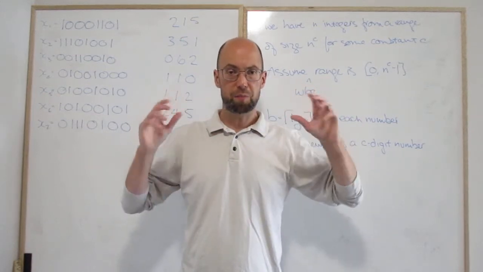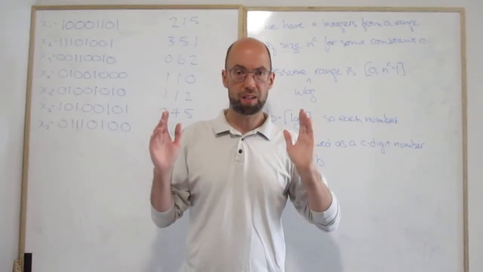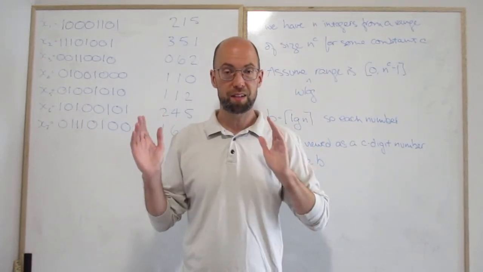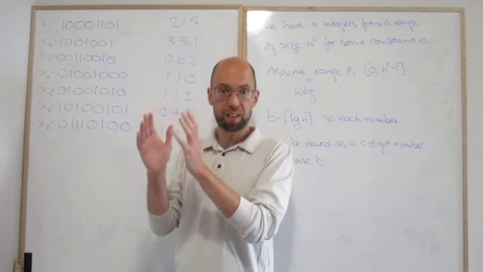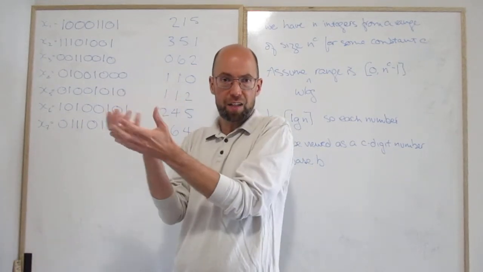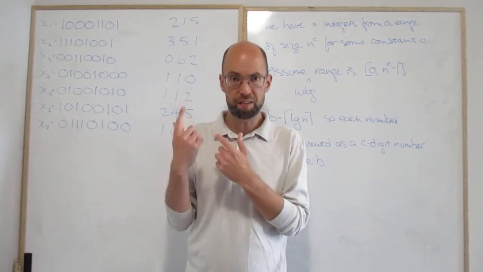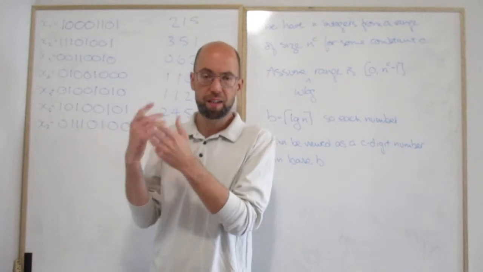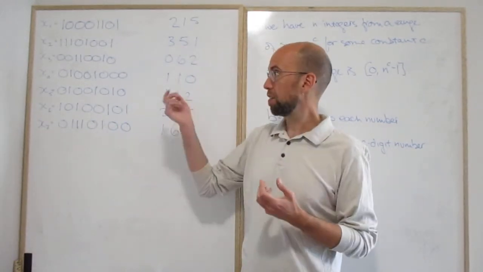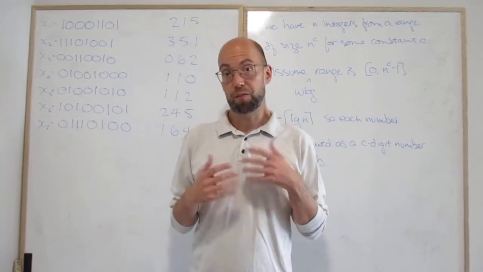You're taking these numbers, which you can imagine as having about c log n digits, and you're viewing each block of about log n digits together as one digit, instead of b bits. So for example, I'm going to view it in octal.